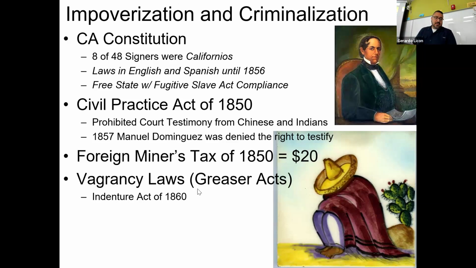So on that note, these vagrancy laws were implemented in places like Los Angeles, where, throughout Latin America and in the Southwest before it became part of the United States, it was very common for downtowns to have a plaza. The purpose of a plaza is for people to hang out and socialize. It's a public space for hanging out.